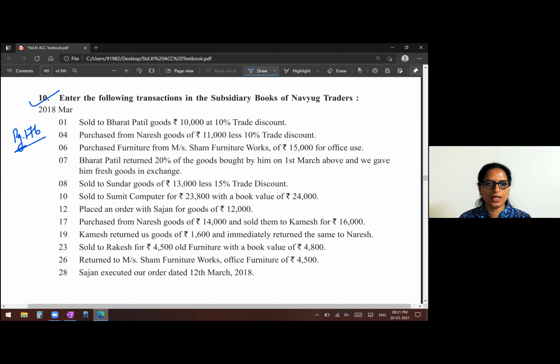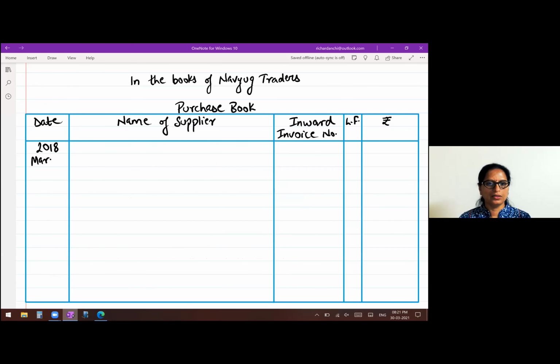Enter the following transactions in the subsidiary books of Navyuk Traders for March 2018. They have only said enter in proper subsidiary books. So we need to read the problem, find out which books you have to draw. So here you have to draw purchase book, sales book, purchase return, sales return, and journal proper. Okay. So once you draw those, we start with the transactions, they are for March 2018.